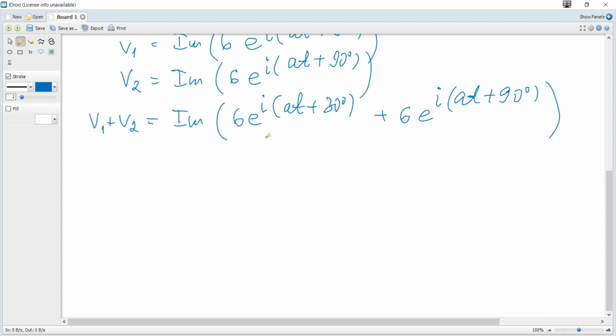So the idea is next: we need to factor out this e to the power of i80. How to do that? It looks like 2 to the power of 3 plus 5, and we know that it's 2 to the power 3 multiplied by 2 to the power of 5. So let's split it.